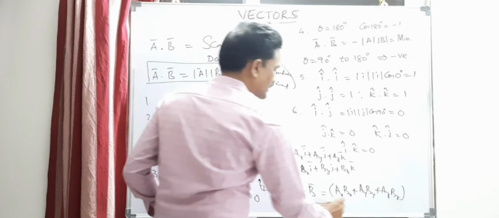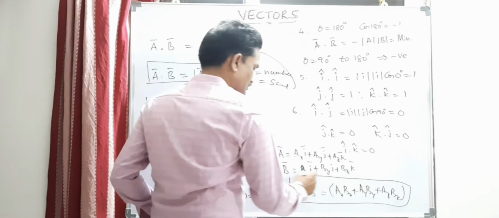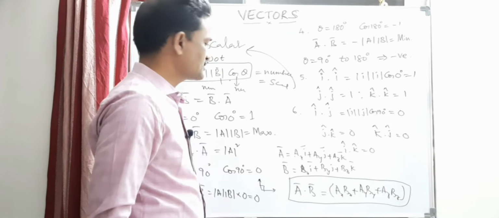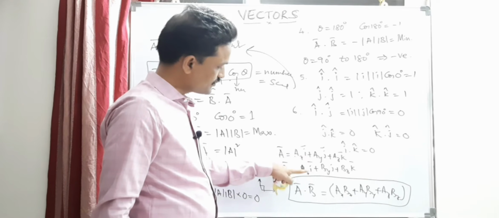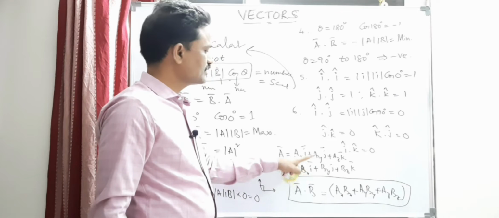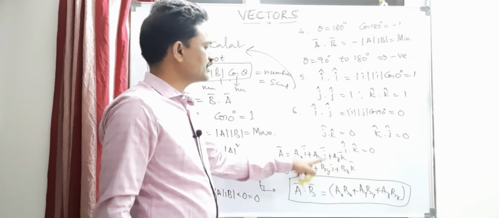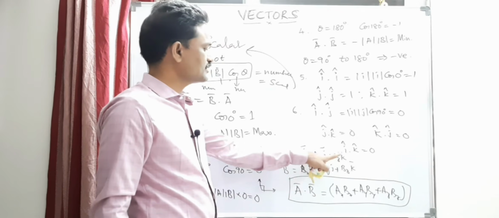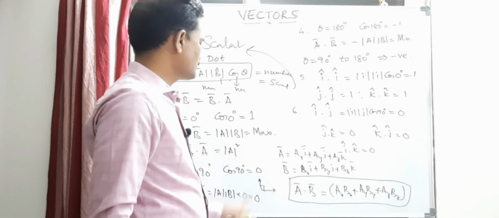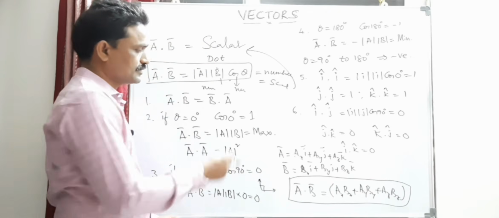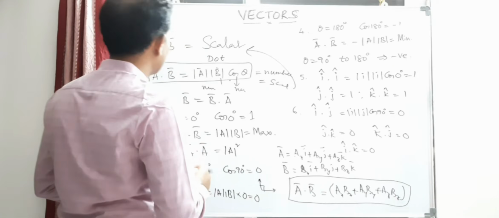So whenever two vectors are given like this, you just have to multiply the coefficient of I with the coefficient of I, J coefficient with J coefficient, K coefficient with K coefficient, like that. This is another property that you should remember.